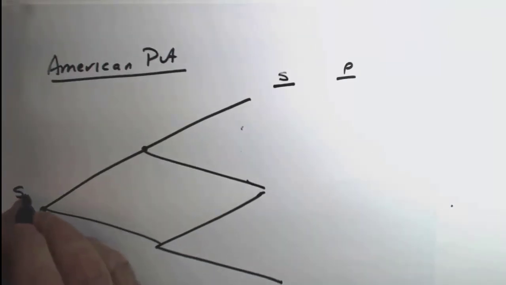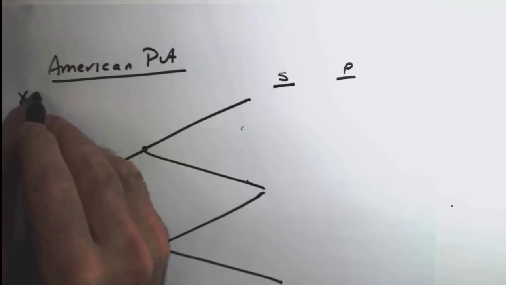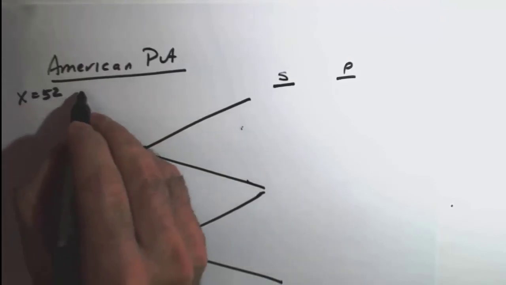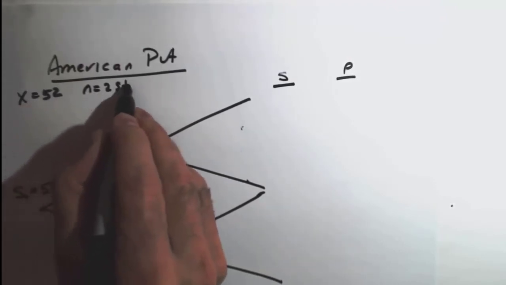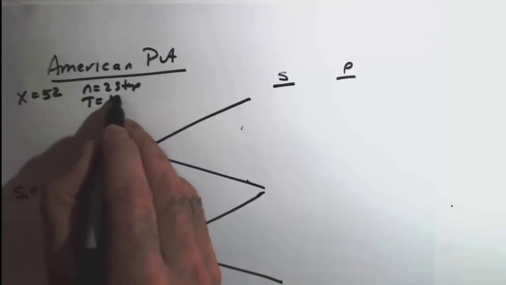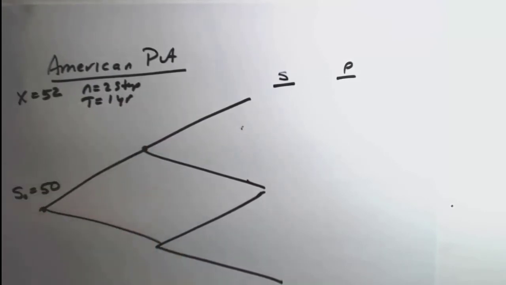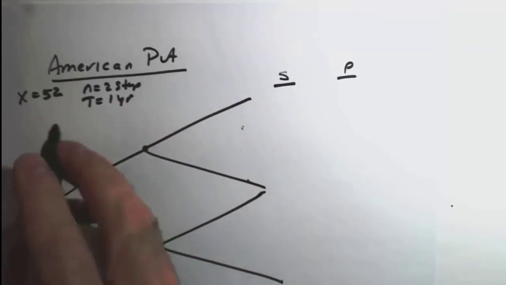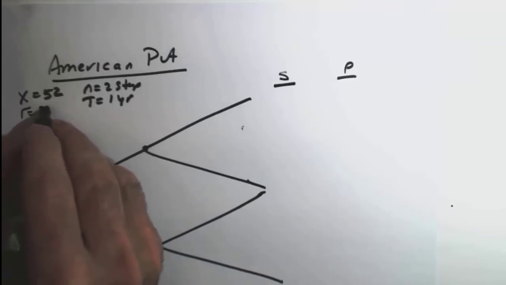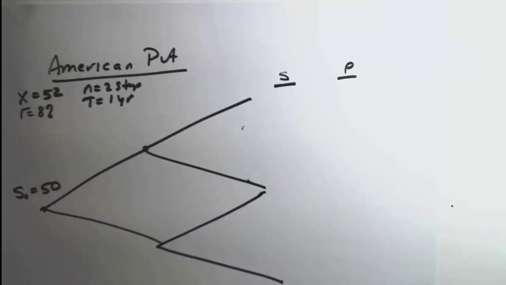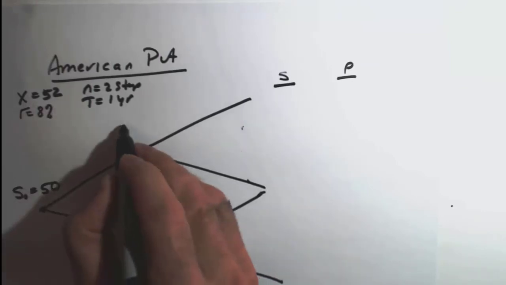The stock price at time 0 is 50. The strike is 52. N equals 2 steps, and T equals 1 year, so every step is 6 months. And R equals 8% annually, or 4% every 6 months. That's the setup.